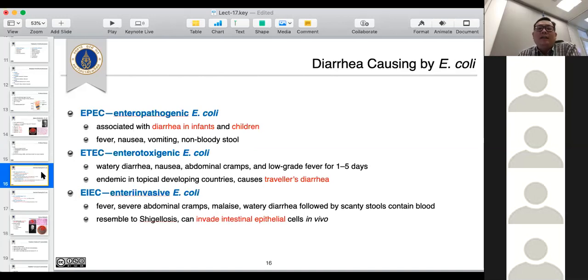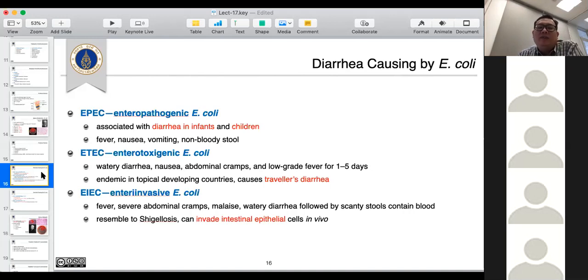So E. coli that cause diarrhea have so many types. I just list some important types of E. coli that can cause diarrhea. The first one is enteropathogenic E. coli, or EPEC. We call it EPEC. EPEC is enteropathogenic E. coli.